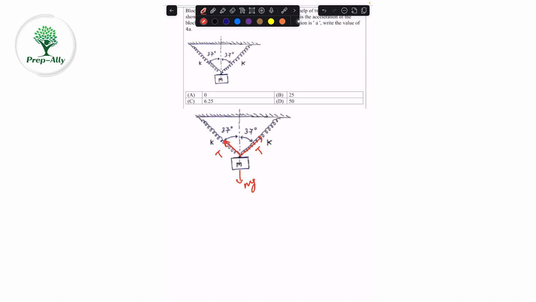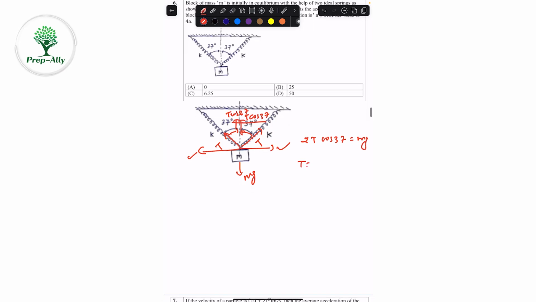This tension's upward component will be T cos 37, and the other tension's upward component will also be T cos 37, so 2T cos 37. Downward is T sin 37, again downward is T sin 37. So T sin 37, T sin 37 gone. Upward will be 2T cos 37 is equal to mg.